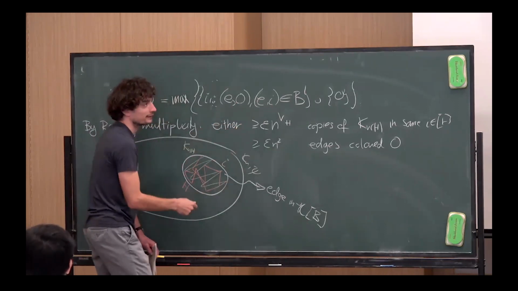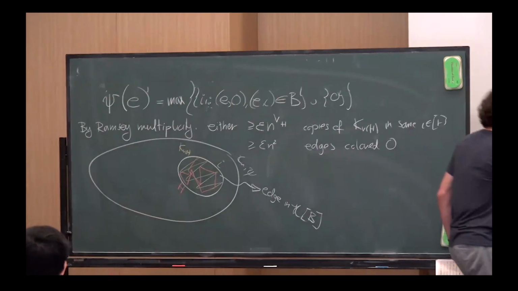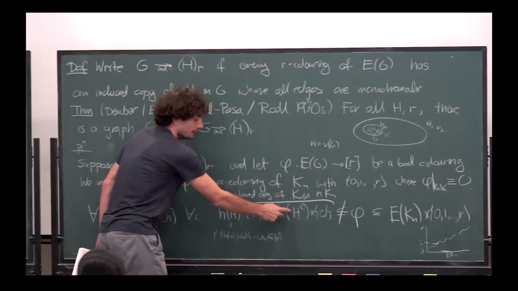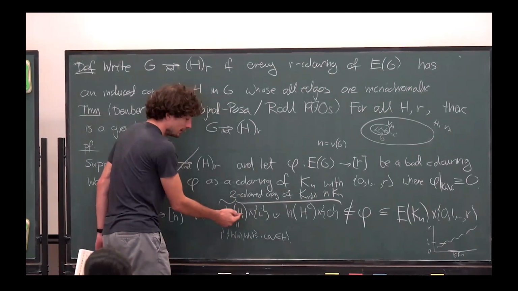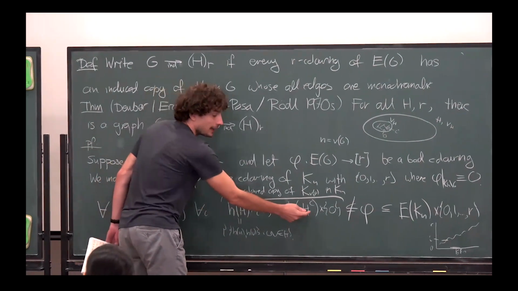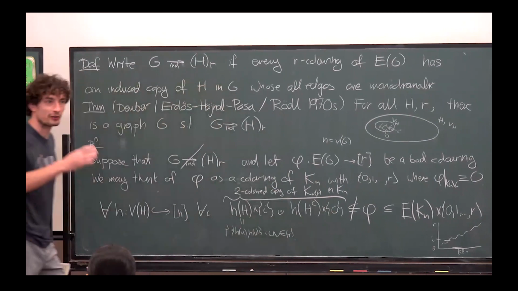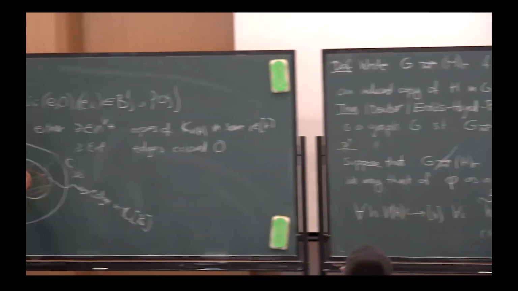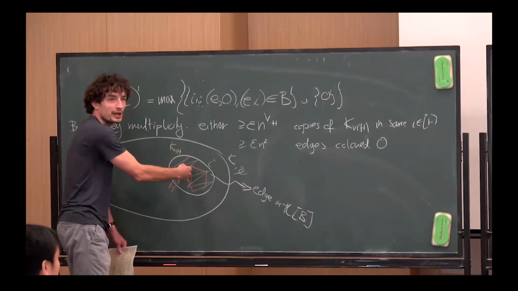So regardless of how I make this split, I can find H in color I and the complement of H in color 0, just because both colors are available. So this is regardless of what H is.